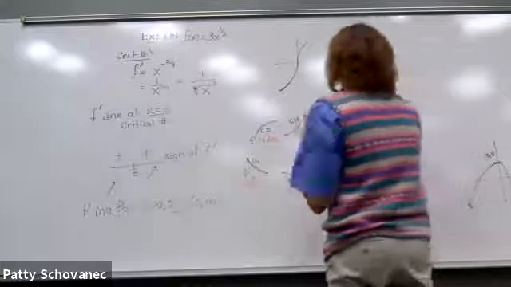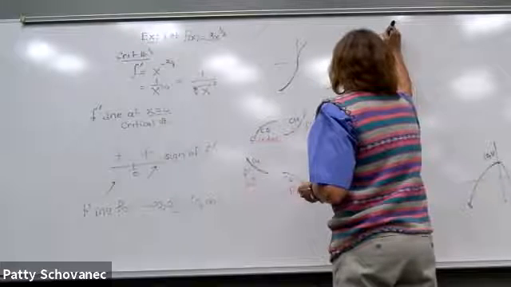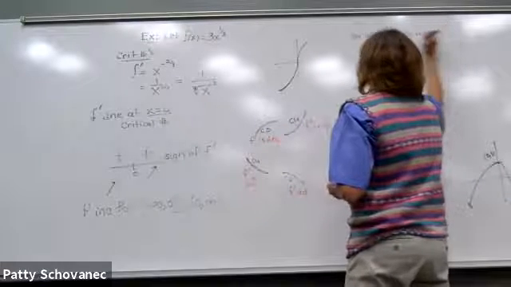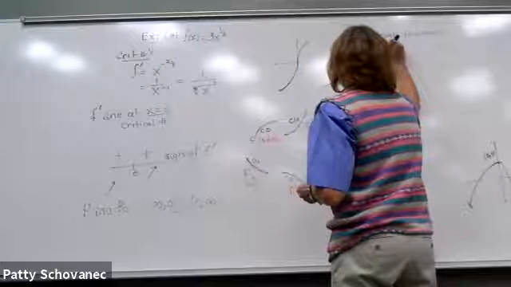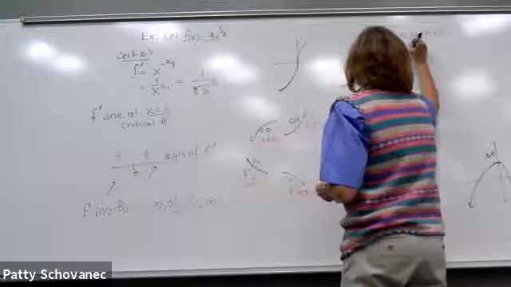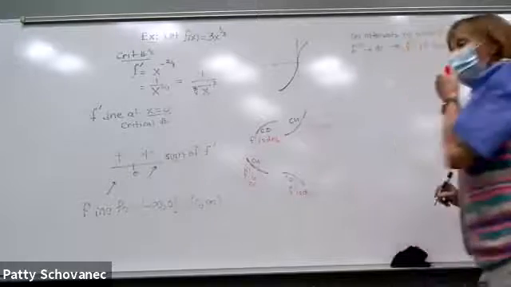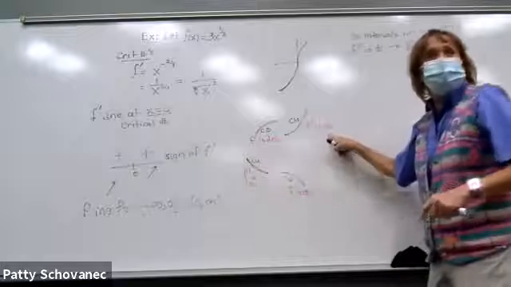So it's on intervals in which f double prime is positive, we know that f prime is increasing. But if f prime is increasing, then the graph of f is concave up.